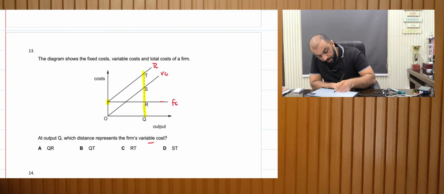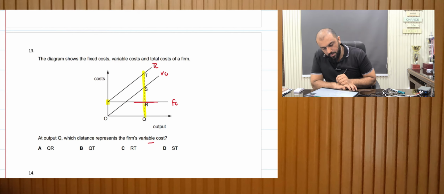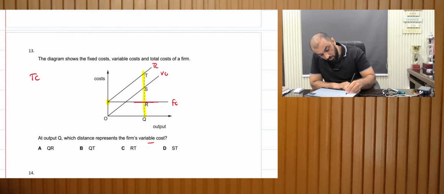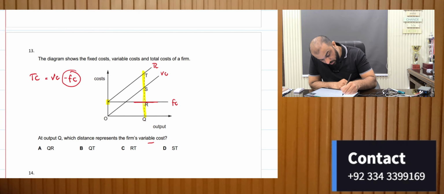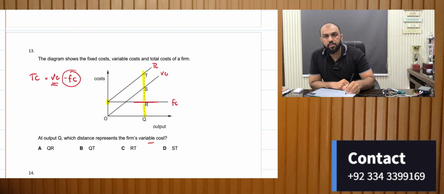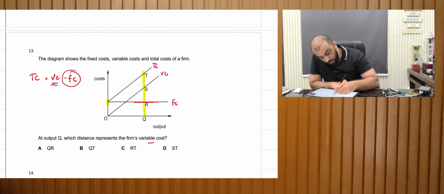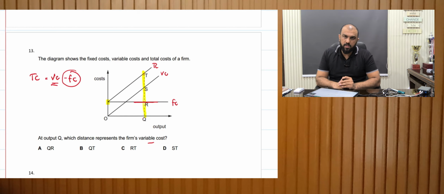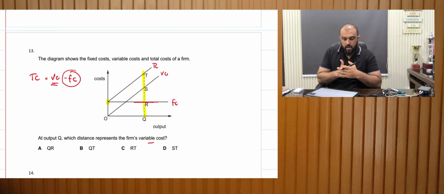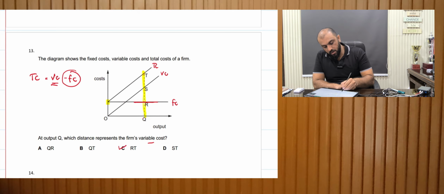If I could eliminate this area, which is my fixed cost, so total cost is equal to variable cost plus fixed cost. If I can eliminate my fixed cost, I will get my variable cost. That is the concept, right? So T to R is my variable cost and T to Q is my total cost. So R to Q is my fixed cost, and if I can eliminate R to Q, I get my variable cost, which is T to R.